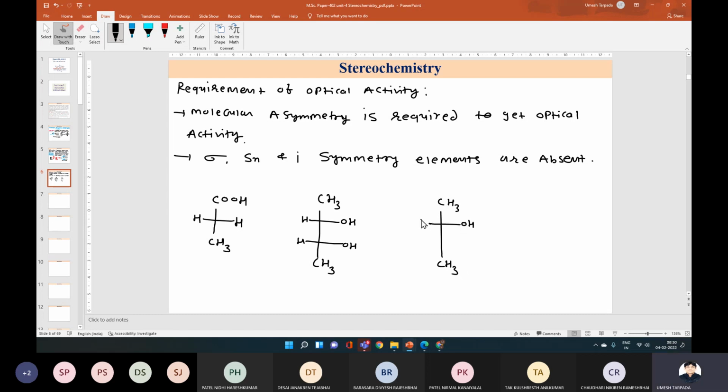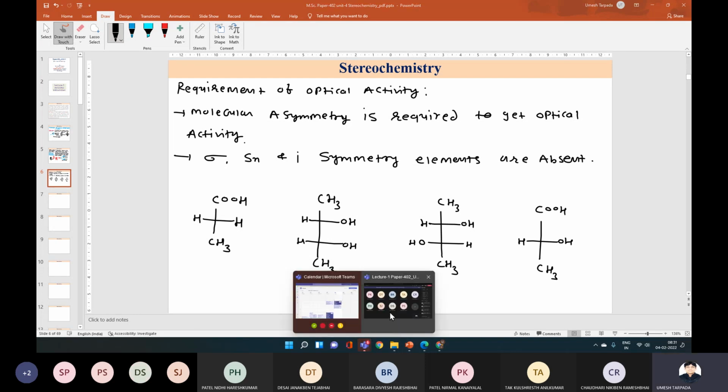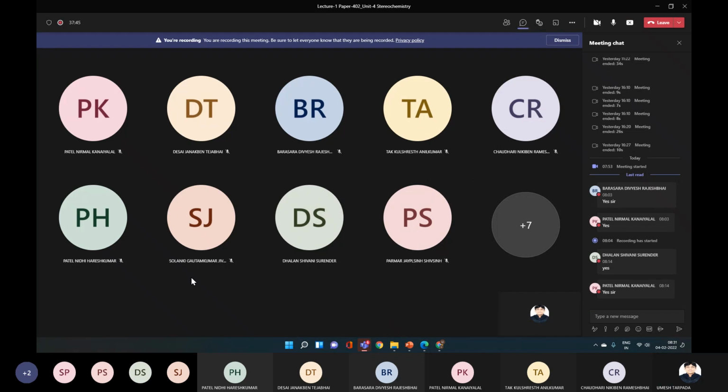What about the first molecule? First one is optically active or inactive? Inactive.